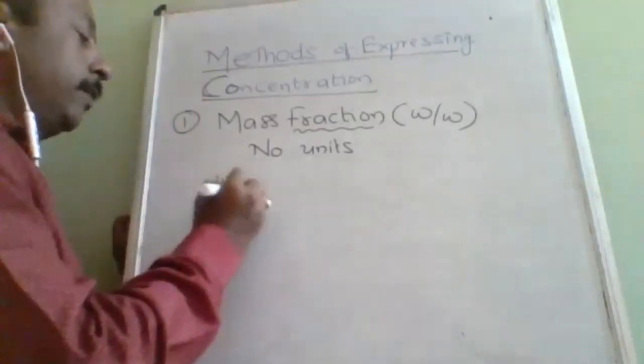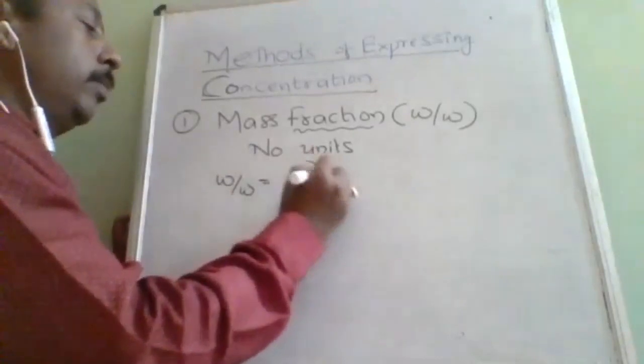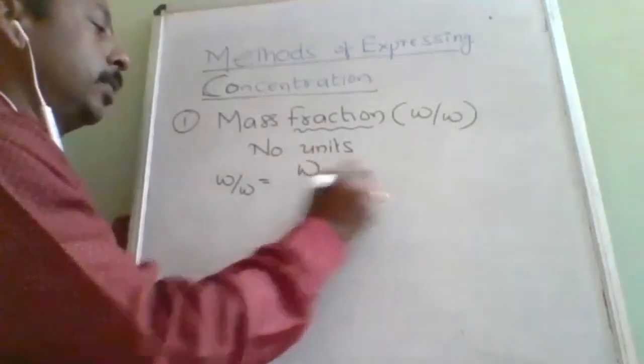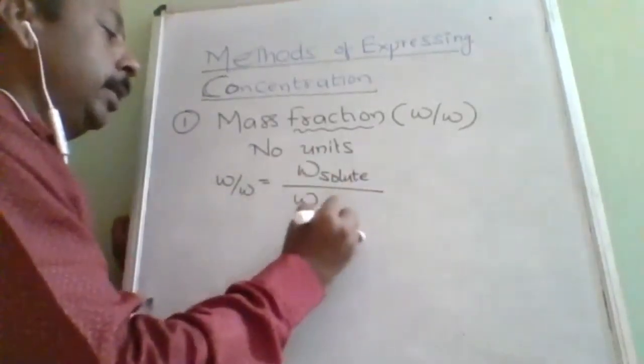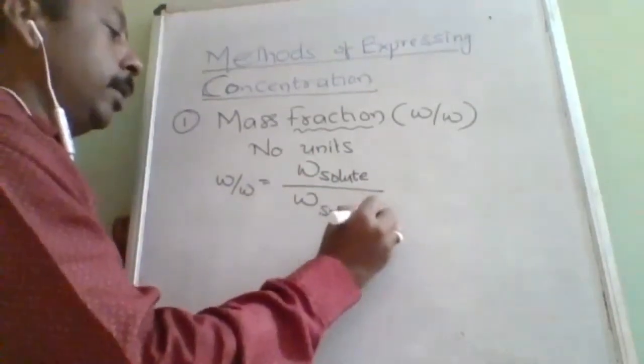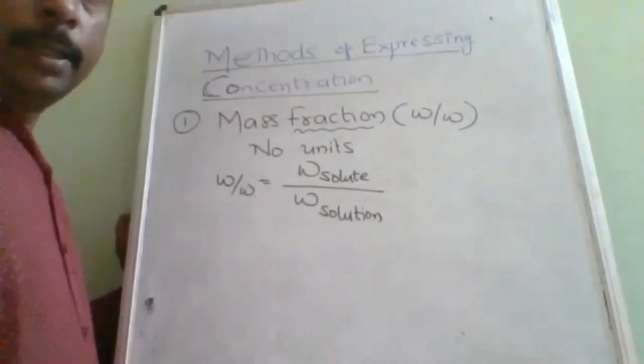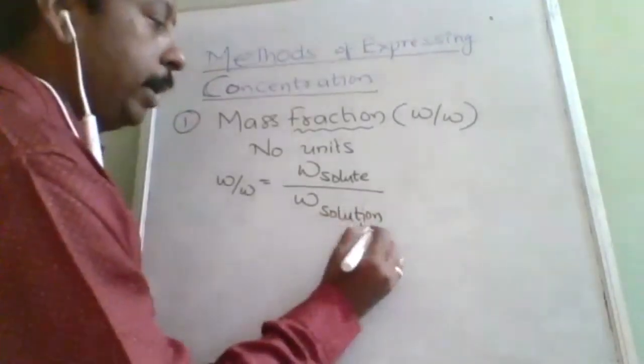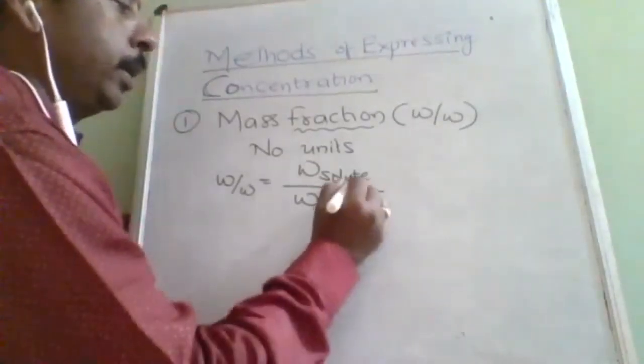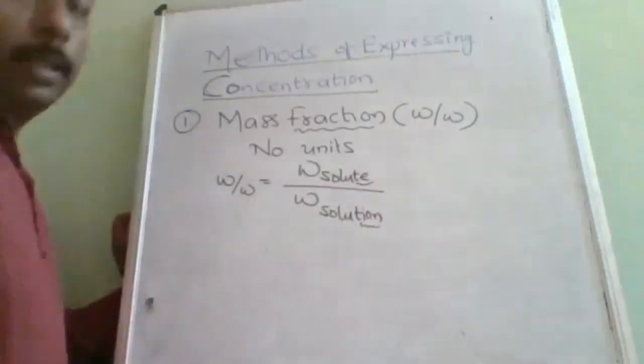Mass fraction is equal to mass of solute divided by mass of solution. As I told you in the very first class, in chemistry every spelling makes a difference. Solute, up to here it is the same; here it is T-E, it is I-O-N.